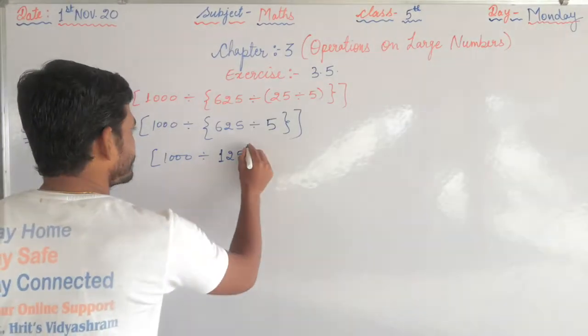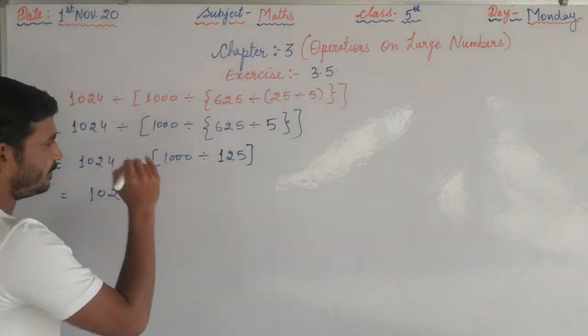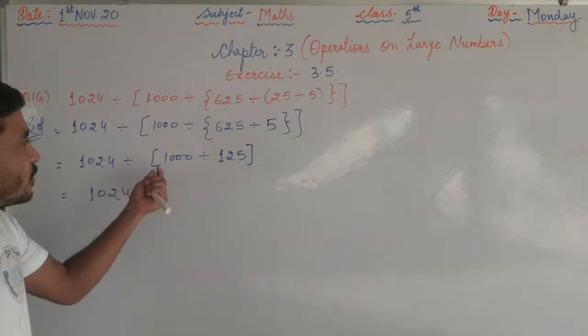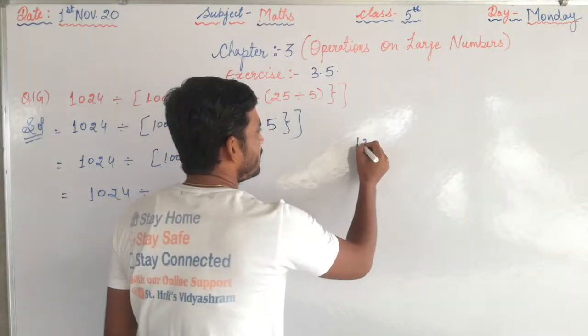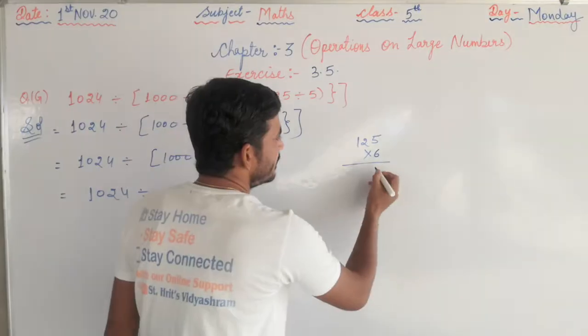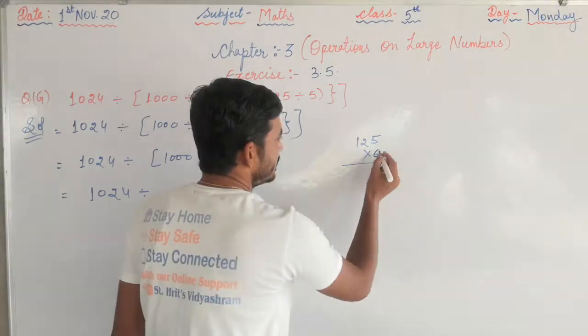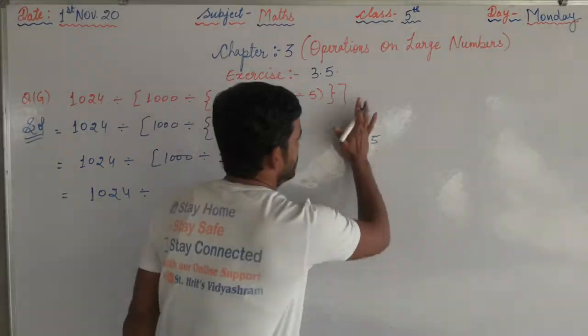Now see here, 1024 divided by, now you have to solve the square bracket here. 1000 divided by 125, how many times? 125 divided by 6 is not the answer.